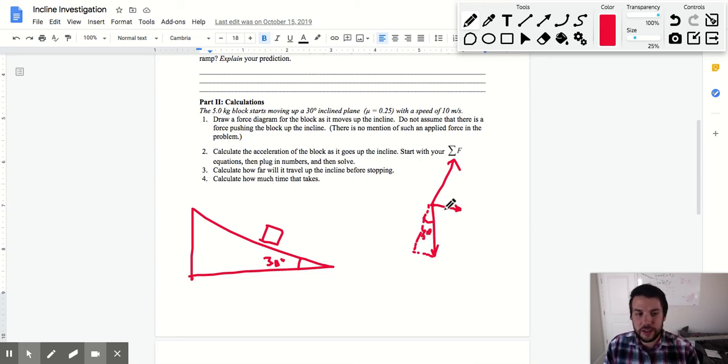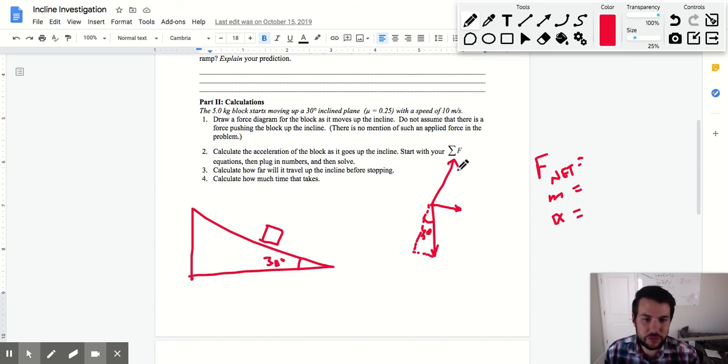So what I want to make sure I can do first is I've got my free body diagram. I've got F net, M, and A. Once I have that set up, I can start to fill in the values that I already know. I know that the block is 5 kilograms, which means that this is 50 newtons.